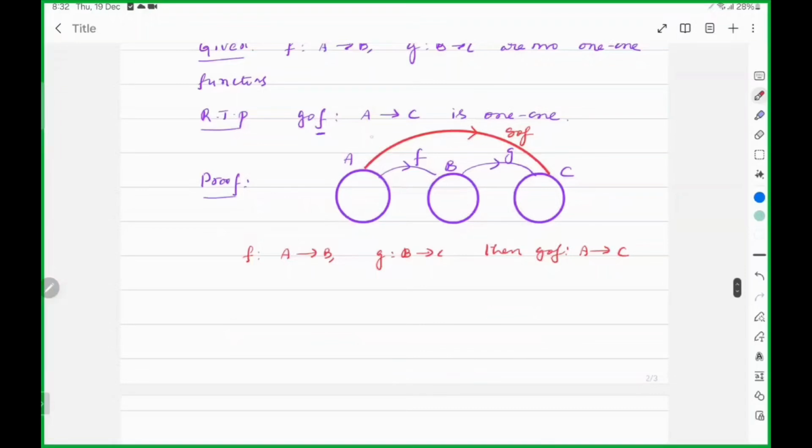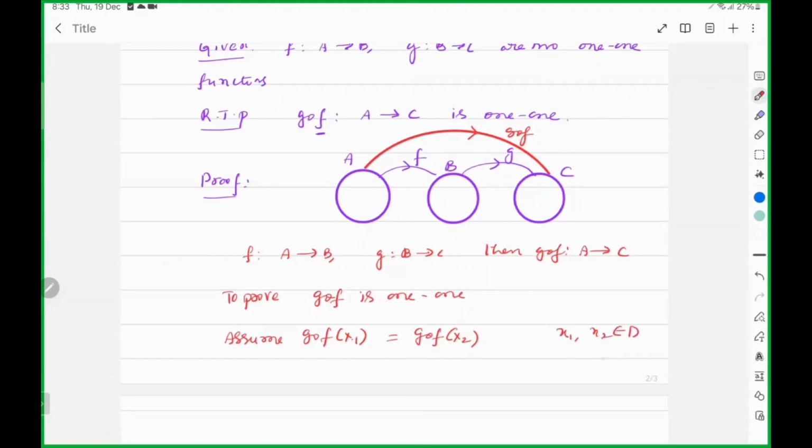So how to prove that one function is 1-1? To prove that any function is 1-1, you have to assume g circle f of x1 is g circle f of x2, where x1 and x2 are in the domain of f.